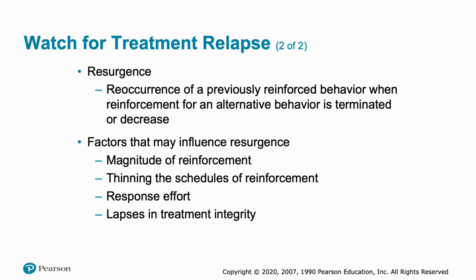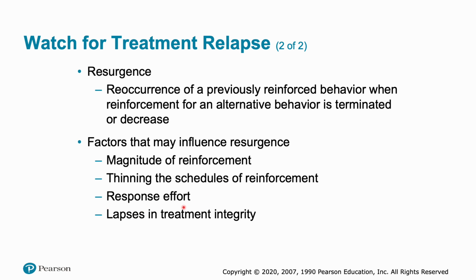So let's review really quickly the factors that may influence resurgence. The different factors that may influence resurgence are the magnitude of reinforcement for the alternative behavior. If you, for whatever reason, diminish the magnitude of the reinforcement, so it's not as high quality anymore, or if they're not receiving it as often as they were before, so the thinning of the schedule of reinforcement, that may cause the behavior to come back.